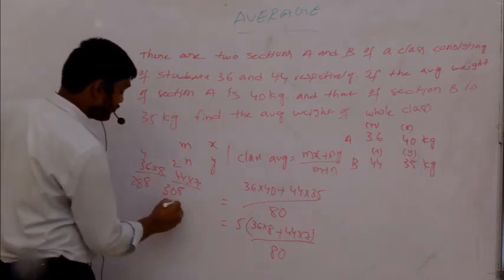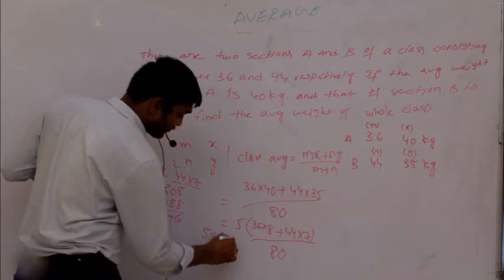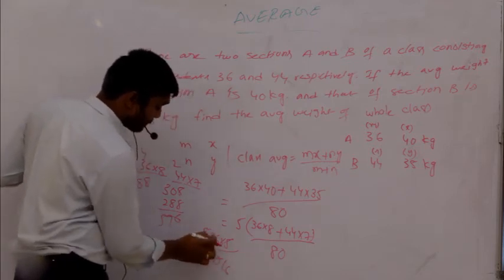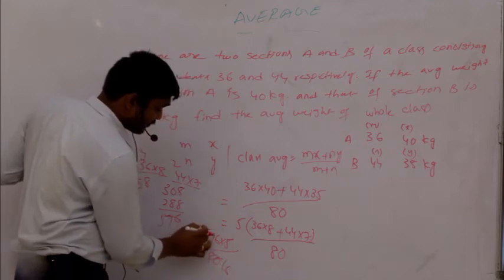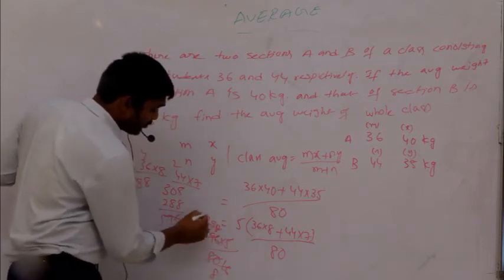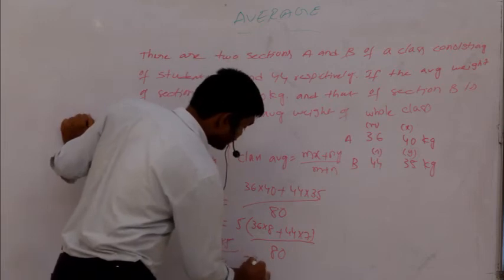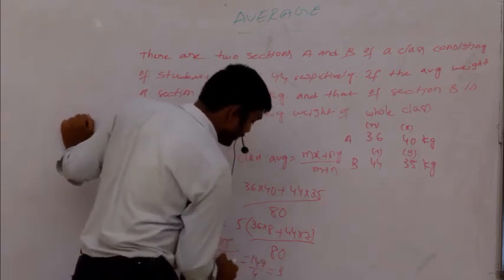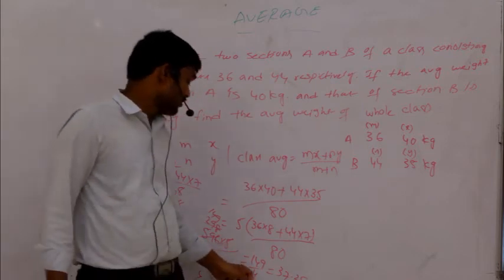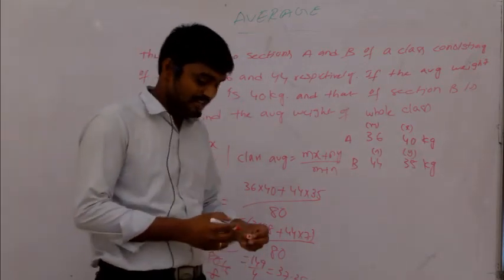Adding, 596 into 5 by 80. Simplifying, 149 by 4, so 37.25 kg.